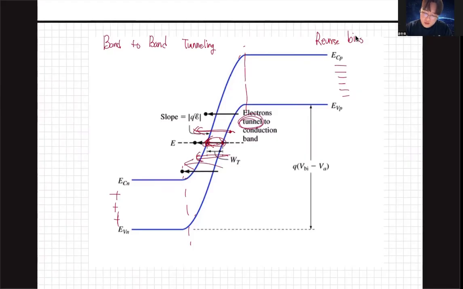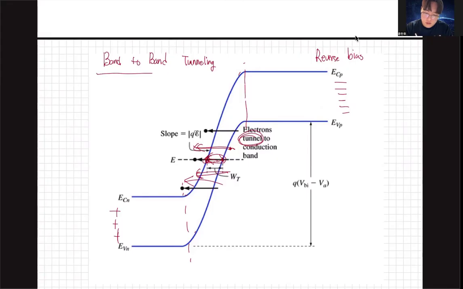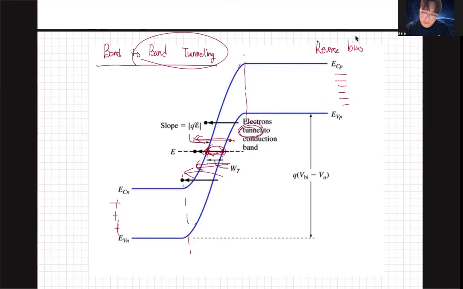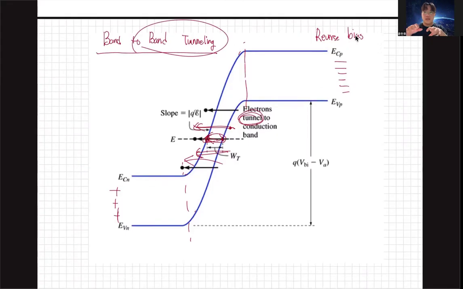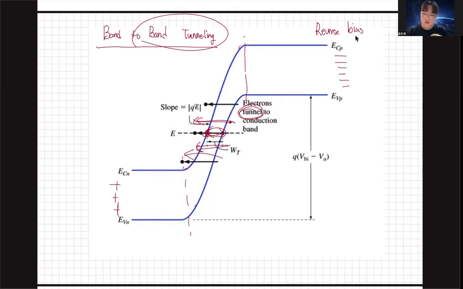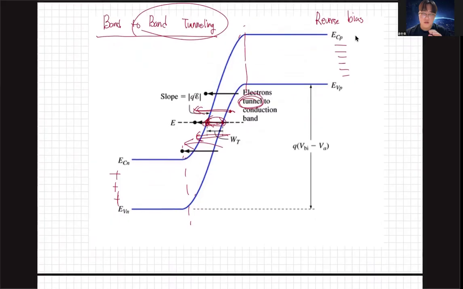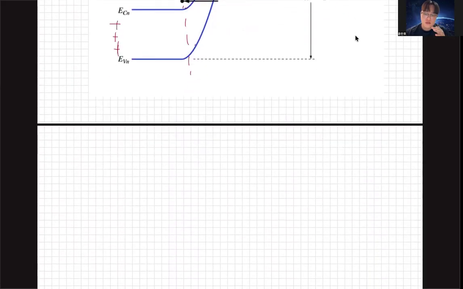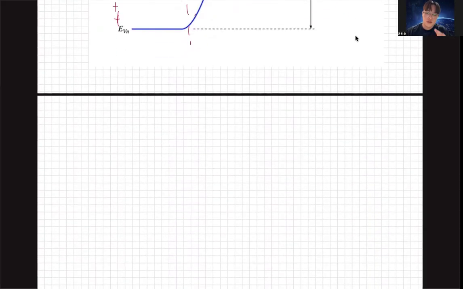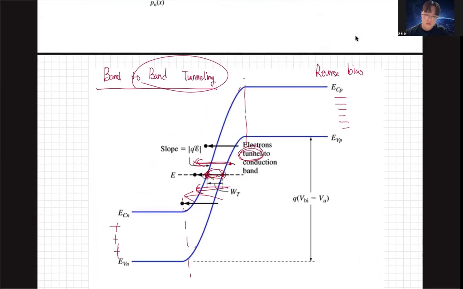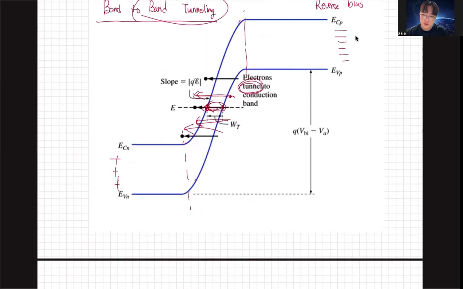We call this BTBT, band-to-band tunneling, and we can draw this situation using an IV curve. So let's draw the IV curve for band-to-band tunneling.